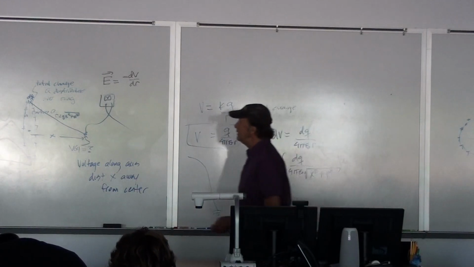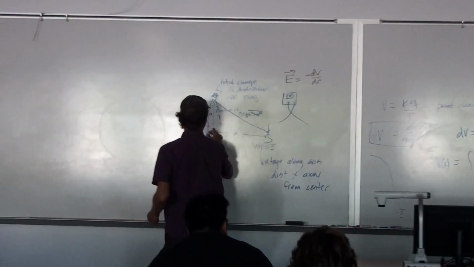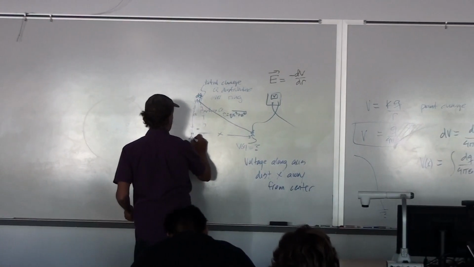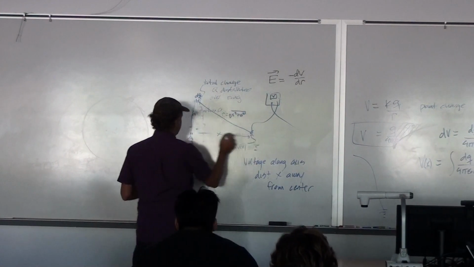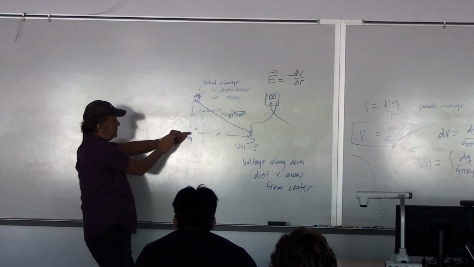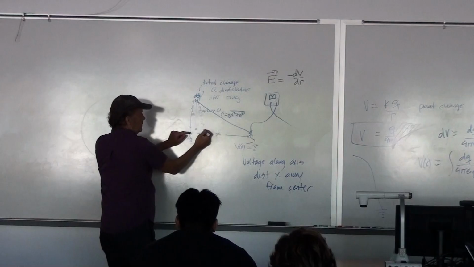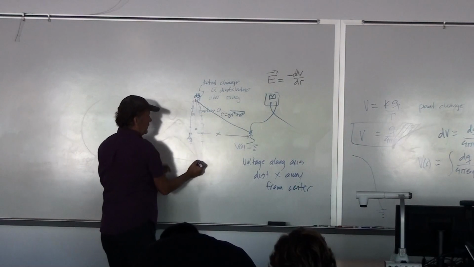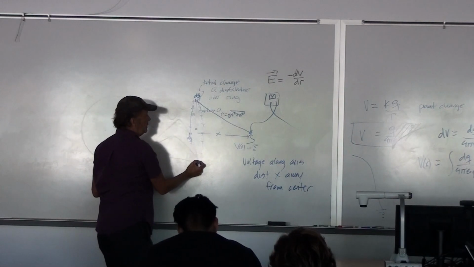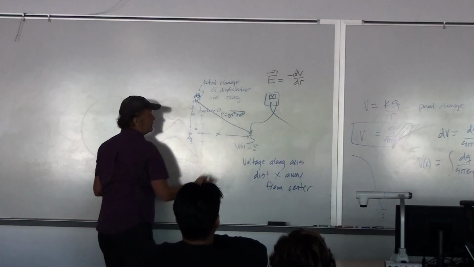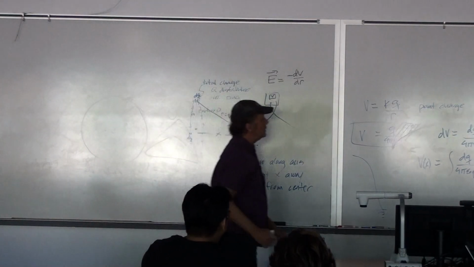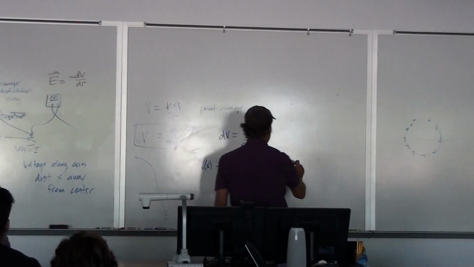But for every little dq, we have the same value of r. Because this one going over to there, this is going to be the square root of a squared plus x squared. That'll be that distance. And on the back side, square root of a squared plus x squared. Down here, square root of a squared plus x squared. So those are all constants and can be pulled outside of the integral.